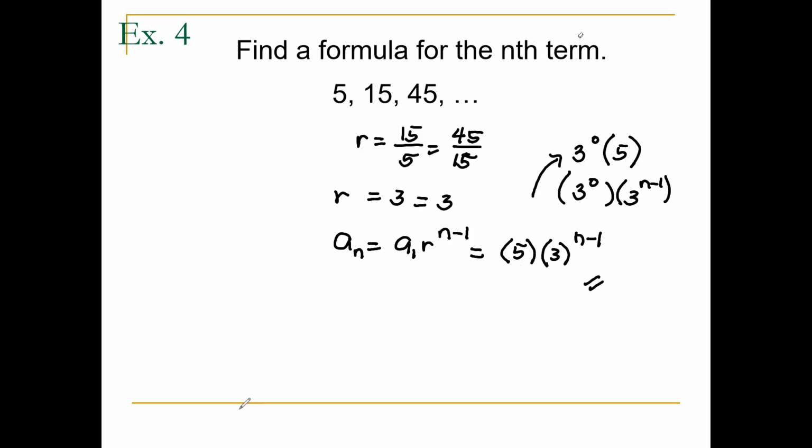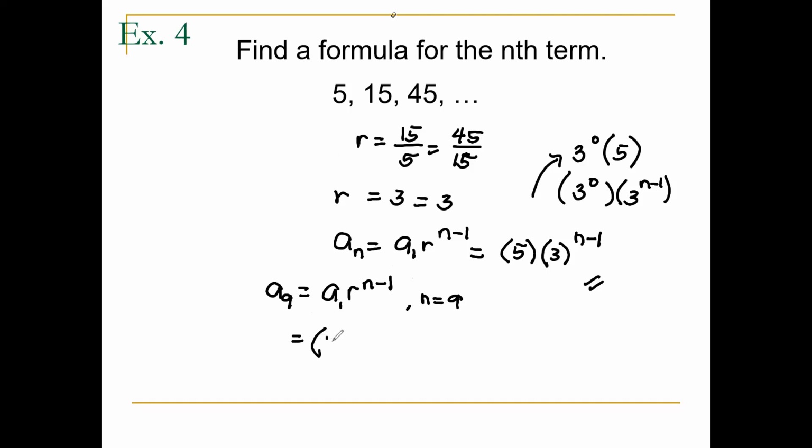Next, we're asked to find the ninth term. After finding the formula, we're going to find the ninth term. Same process as in our previous example, we're going to use the general rule for geometric sequence, which is a sub 1 times r raised to n minus 1. Our n here is 9, since we're asked to find the ninth term.